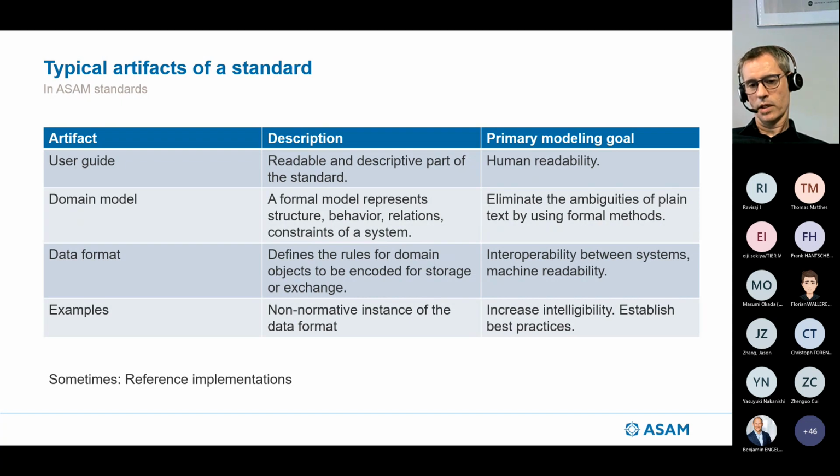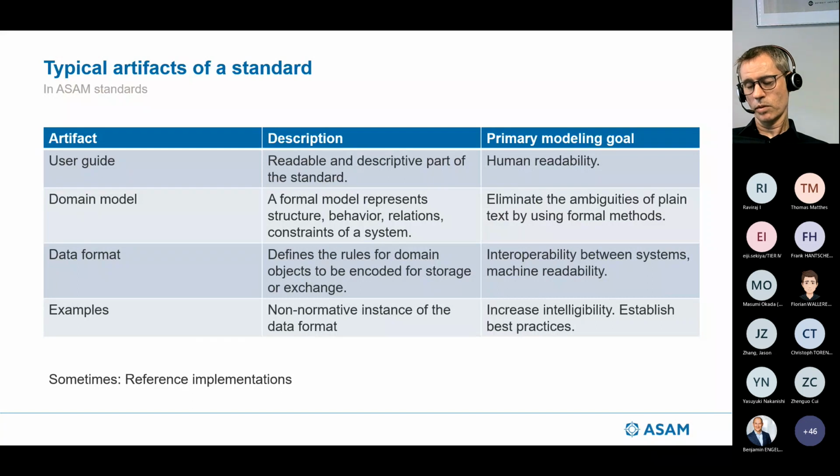And of course, the data format, we already talked about, is often some kind of normative output of the standard. It ensures interoperability between systems, and primarily machine readability.